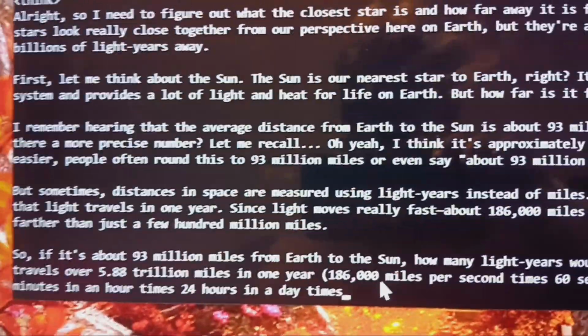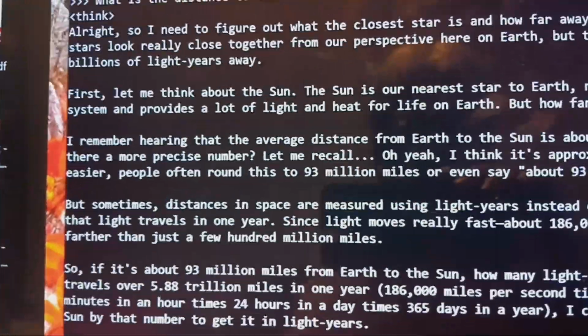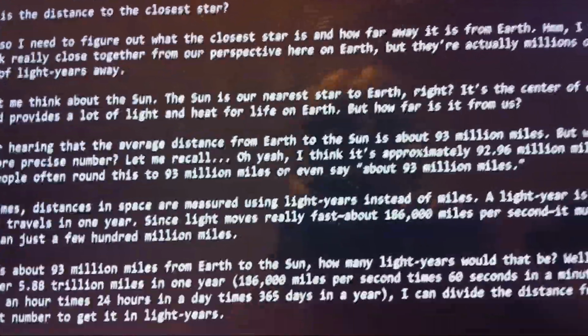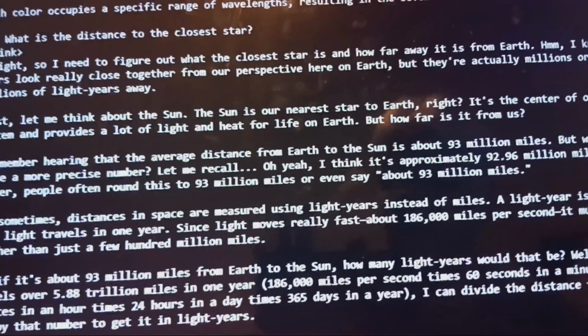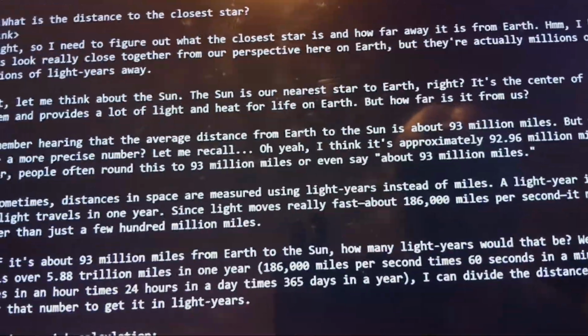So look at where it goes with this. It talks about how far light travels. Over 1 light year, it's 5.88 trillion miles that it travels in a year. So now it's calculating how long it takes the light to travel 93 million miles to get from the sun to the Earth.